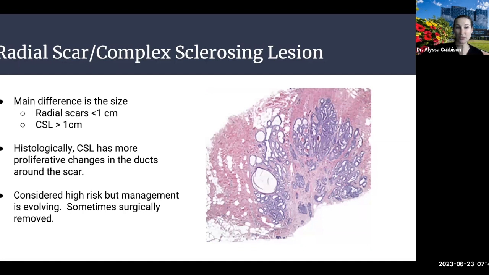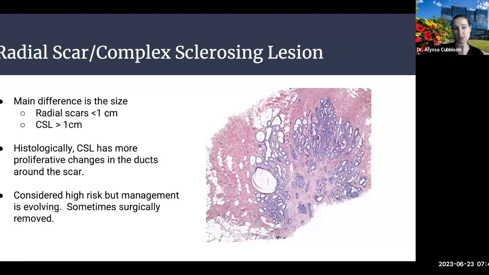So pathologically, radial scars will be less than a centimeter, and if it's over a centimeter, it's considered complex sclerosing lesion.